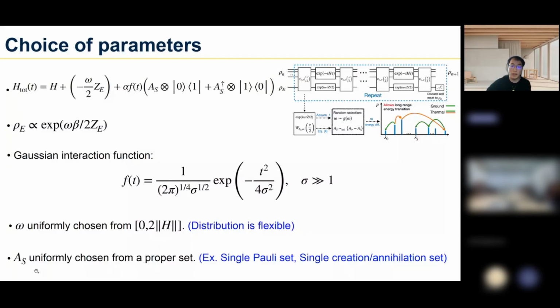The choice of A_S is also very flexible. We can basically choose A_S uniformly from a random set. Some good examples: if we are in a spin system, then we can often choose A_S uniformly from the single Pauli set. And if we are in a fermionic system, we can choose A_S uniformly from the single creation or annihilation set. I want to emphasize that if I choose A_S uniformly from the single Pauli set, then the third interaction term will just be a local operator.